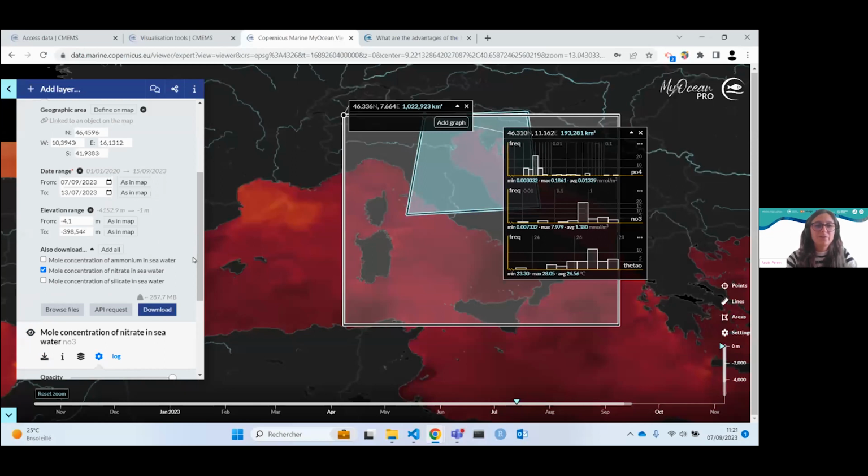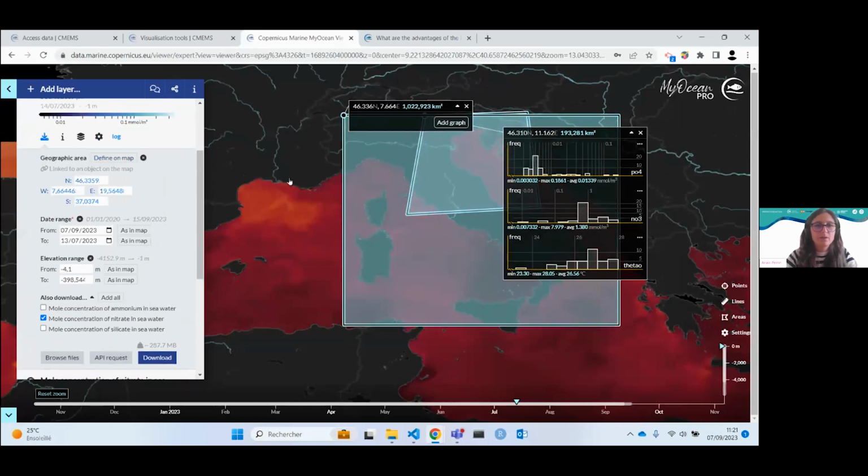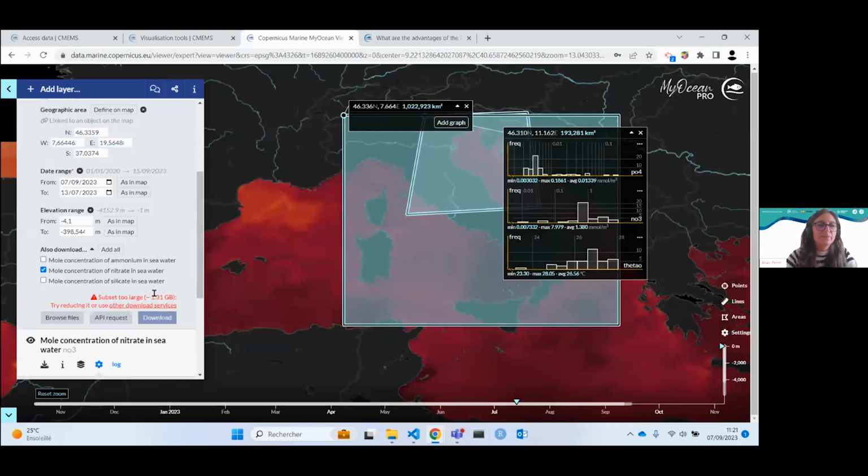Word of caution though, downloading via Motu is subject to a 1 GB data download limit. If your request exceeds this limit, like this, for example, a message appears in red.